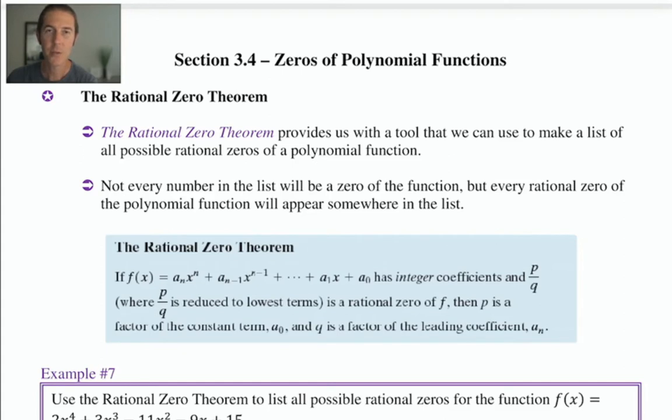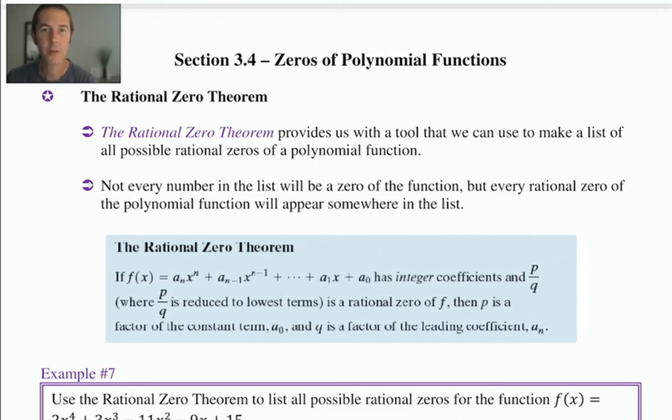If your decimal is non-terminating, but it is repeating, it can also be expressed as a fraction, making it a rational number. Now, a number like pi or the square root of 2 or e, none of those numbers can be expressed as a fraction. They're decimals that go on forever, but they never repeat.